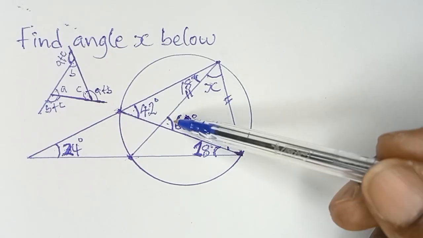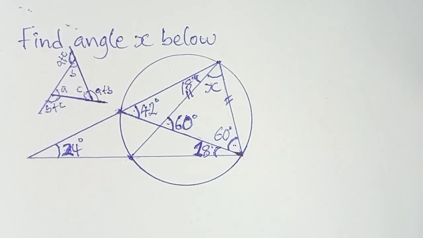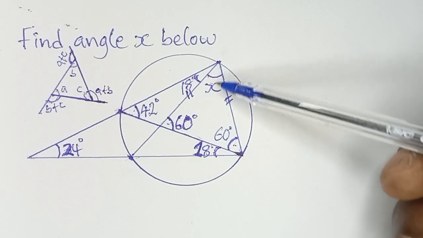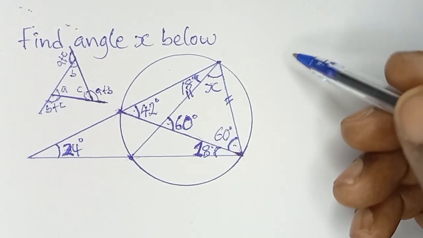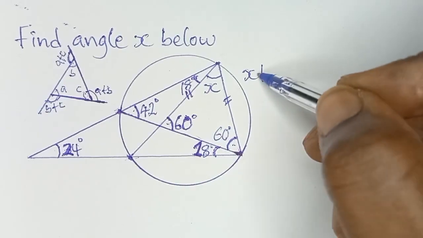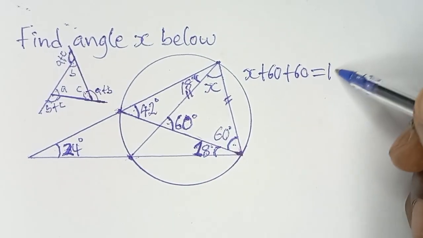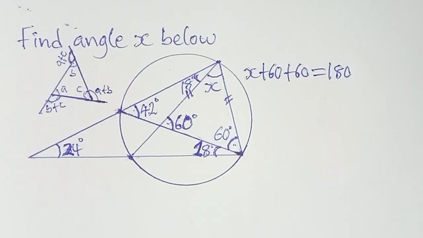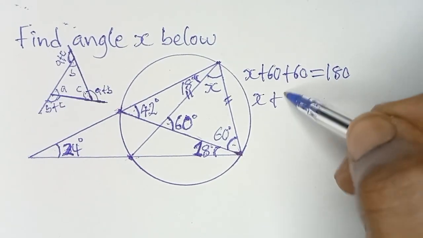Now, when two angles of a triangle are already 60 and 60, automatically we know that the third angle will be 60, so that the three angles add up to 180. So I can simply say x plus 60 plus 60 equals 180. 60 plus 60 is 120.